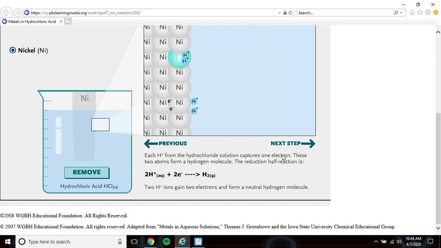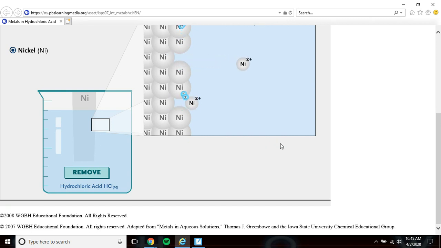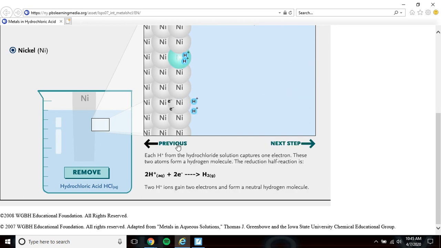The oxidation state of H+ is obviously +1. The oxidation state of H by itself, this guy over here, should have a 0 up top. Did the oxidation state go up or down? It went from +1 to 0, so it went down. I'm going to hit next step and see if it shows it. I'm going to go back. Previous. Let's stay here then. It went down.